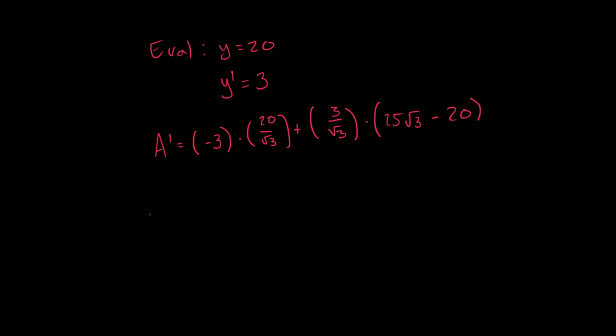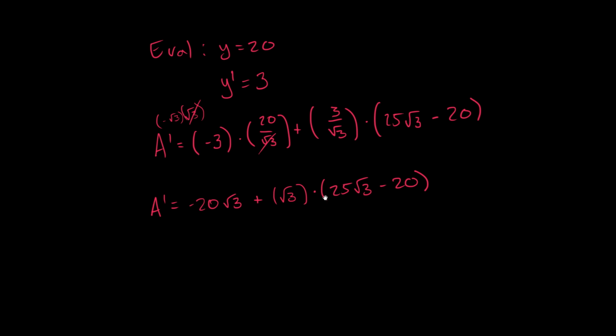We get A prime, and then negative 3 over root 3 is just negative root 3, times 20. So root 3 and root 3 cancel, giving us negative 20 root 3, plus 3 and root 3 cancel out similarly, giving us root 3 times 25 root 3 minus 20.